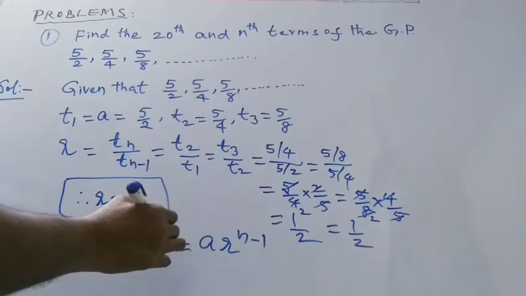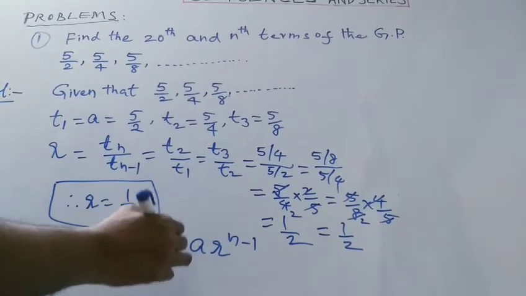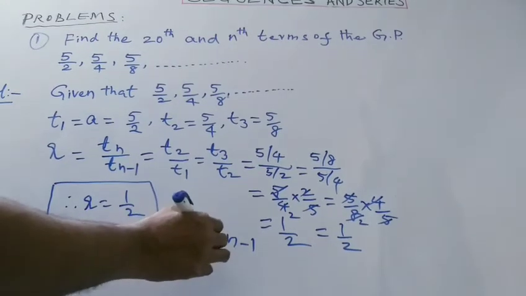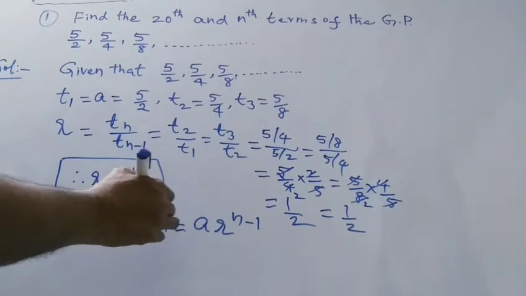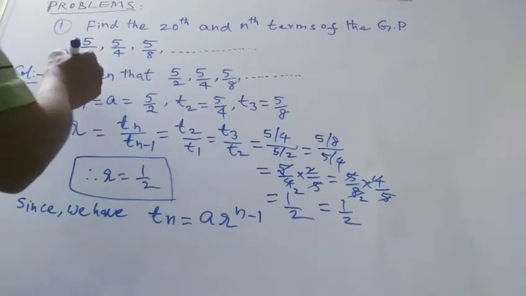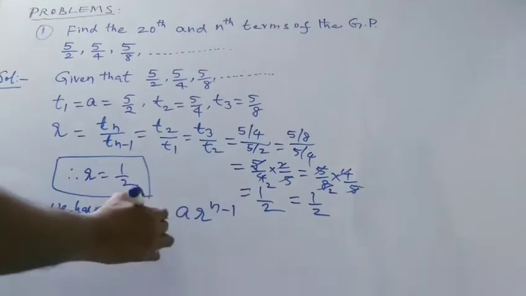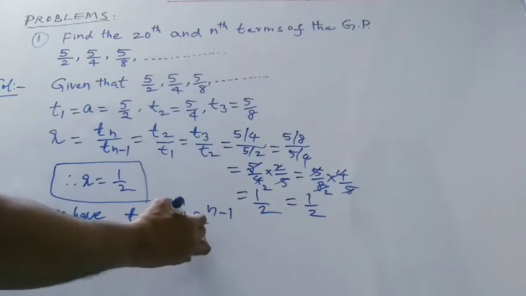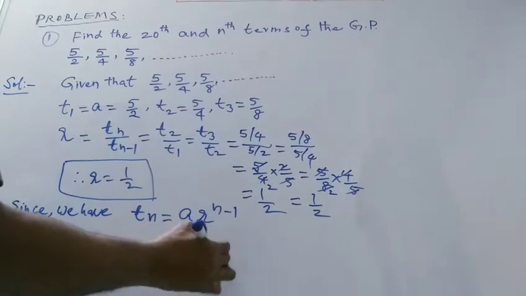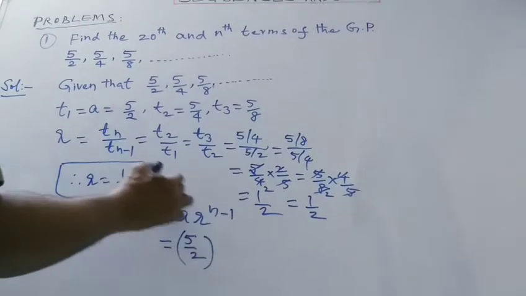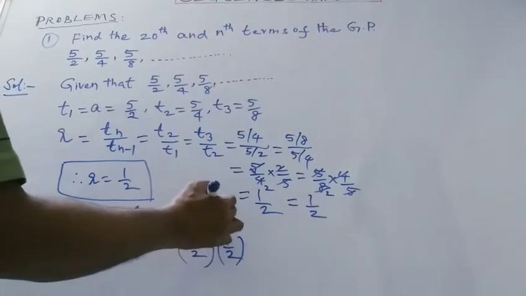So in place of n we substitute 20. The common ratio we already got, that is 1 by 2, and the first term a is 5 by 2, and we need the 20th term, so 20 minus 1 here. That is equal to, first term 5 by 2, common ratio r is equal to 1 by 2, all to the power of n minus 1.